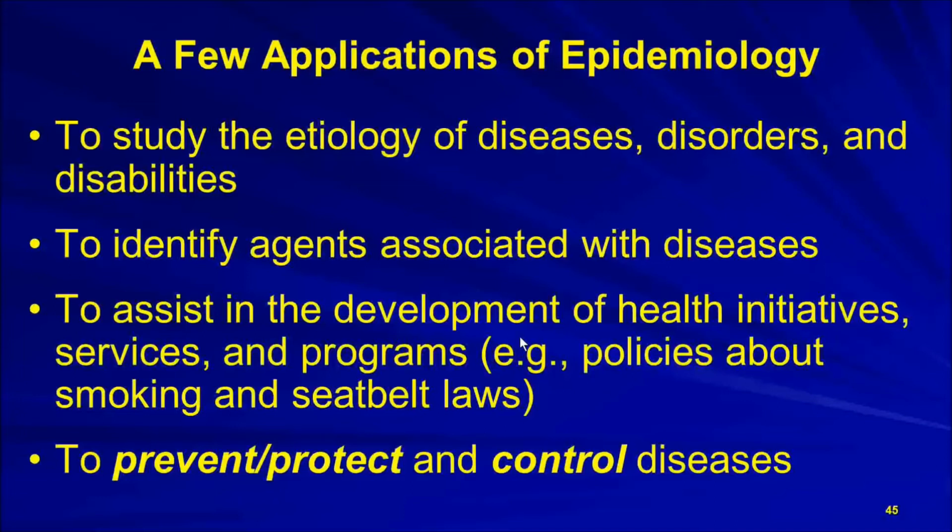We talk about determinants. We talk about agents of disease. Those are all the necessary causes of disease, or an agent is something that carries a disease. And so when we think about it, that's what we're after. If we can look at the etiology or the origin of something, we can do something else, and that's on the bottom line to prevent, protect, and control diseases.